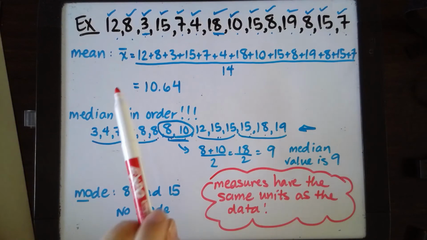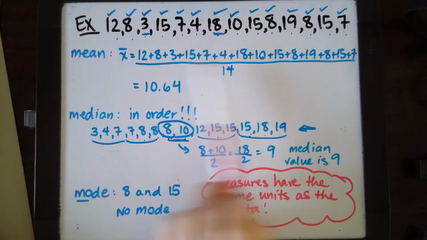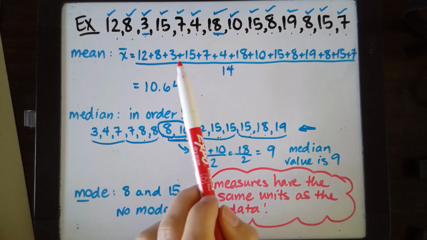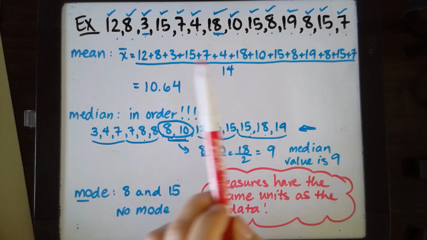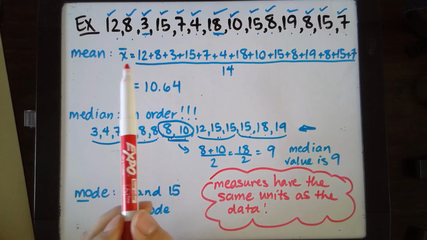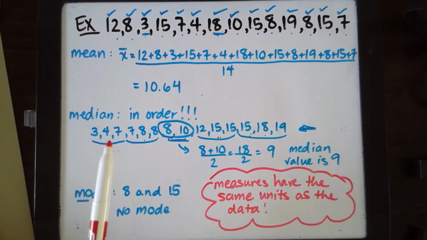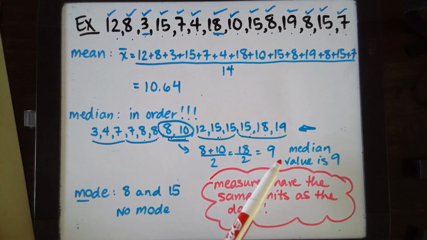Let's say this was measured in grams, right? We were measuring the weight of something and we had all these different measurements. Then our X bar would be 10.64 grams, our median would be 9 grams, and our mode would be 8 grams and 15 grams. Okay, the data in this question didn't have any units, so we don't have any units in our answer here.